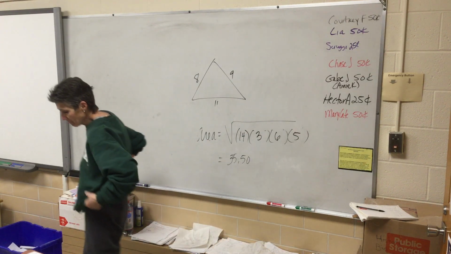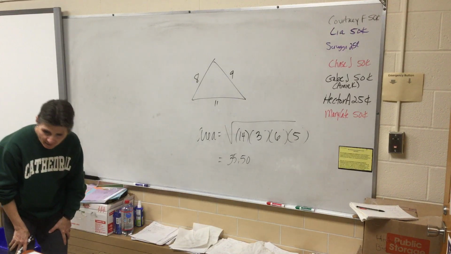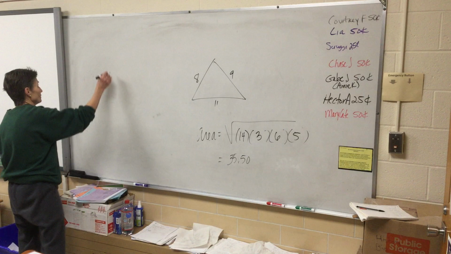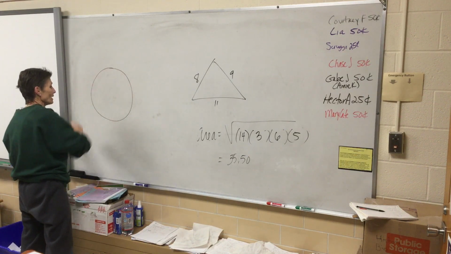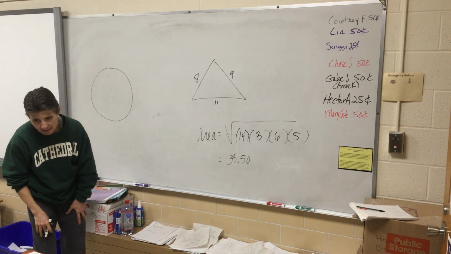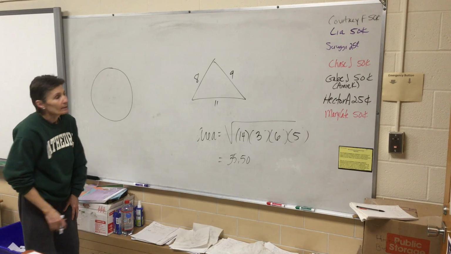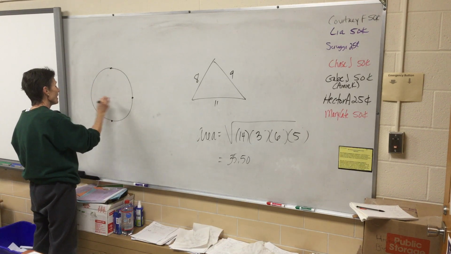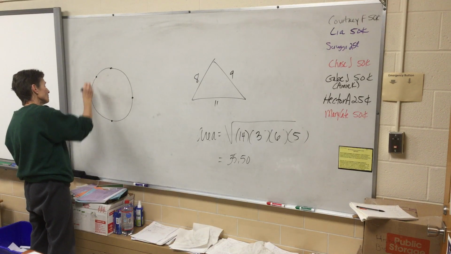So who remembers, we walked through a couple of these the other day. What's our strategy? Start with a circle. Now, what does octagon mean? And then you put 8 dots around it. 8 dots. And we're going to space them out as best we can.